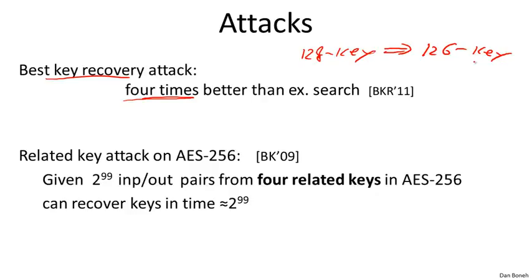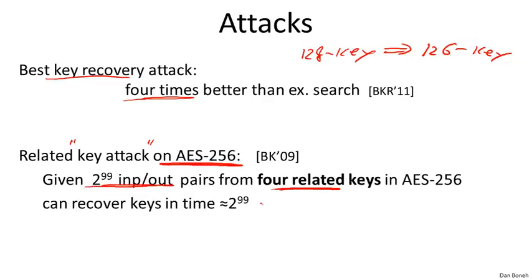The more significant attack is actually on AES 256. It turns out there's a weakness in the key expansion design of AES, which allows for what's called a related key attack. So what's a related key attack? Essentially, if you give me about 2 to the 100 input-output pairs for AES, but from 4 related keys. These are keys that are very closely related. Namely, key number 2 is the same as key number 1, except that a few bits of key number 1 have been flipped.